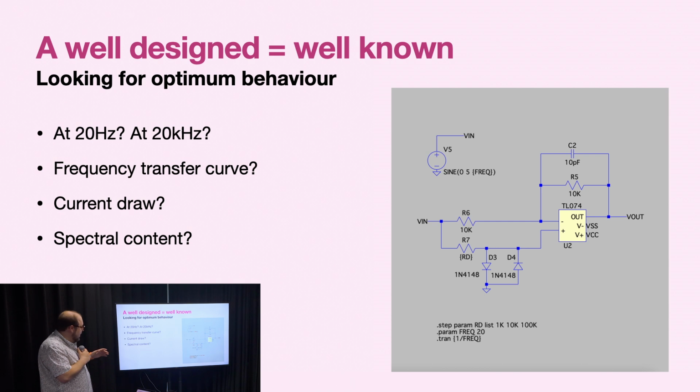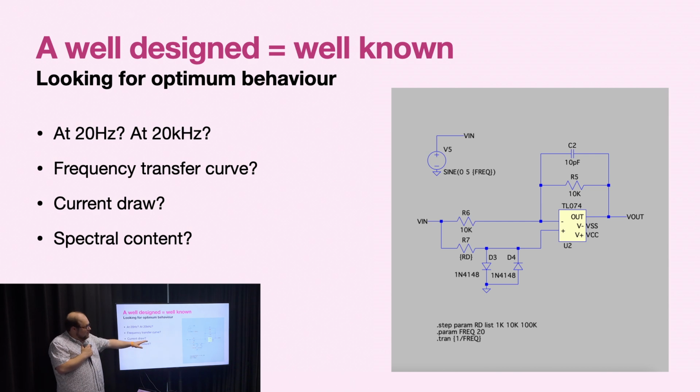So there's a few things that I typically look at, and that's how will this behave at the edges of the audio spectrum? 20 hertz, 20 kilohertz. How will the amplitude evolve as the frequency gets higher or lower? How will the phase evolve? How much current will it draw? So looking for that virtual smoke, that's also something that I will do.